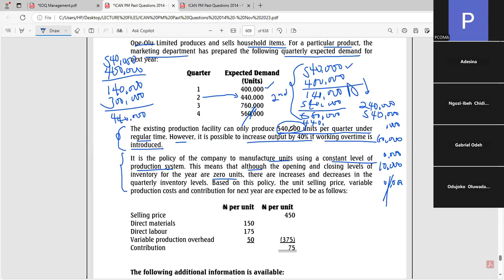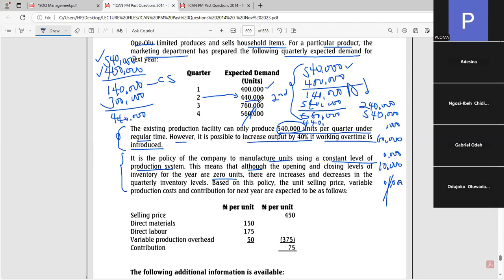Now, commonsensically, it means that from the first quarter, which is the first period of 2025, for example, our factory produced 540. Now, they sold 400. That means that they have a closing stock of 140,000 units. Now, the sales department has told them that, okay, second quarter, we need only 440.